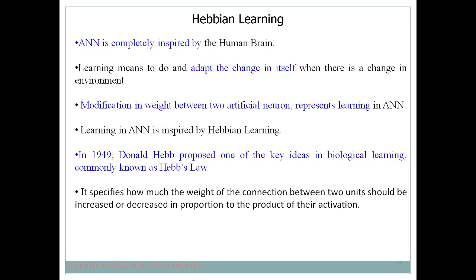According to the law, it specifies how much the weight of the connection between two neurons has to be increased or decreased in proportion to the product of their activations. It means that in order to give learning capability to an artificial neural network, the weight has to be updated. Sometimes the value of the weight has to be increased, sometimes decreased, and the Hebbian law relates to that.